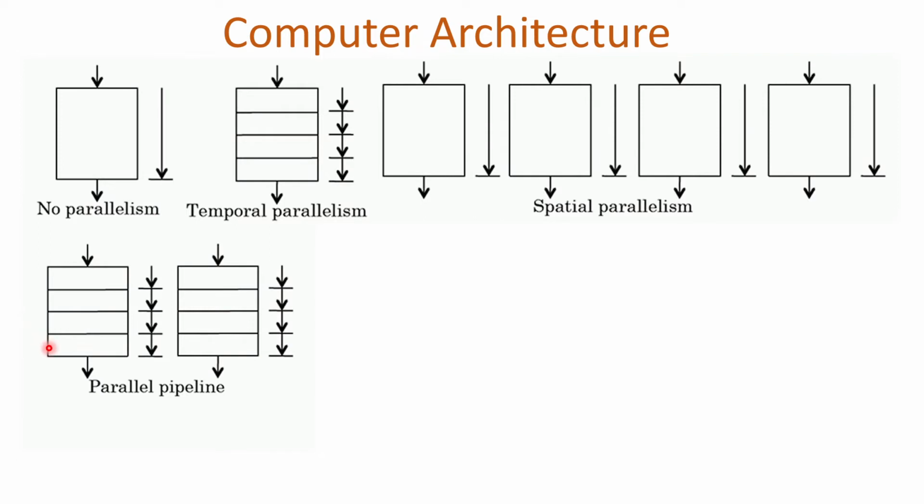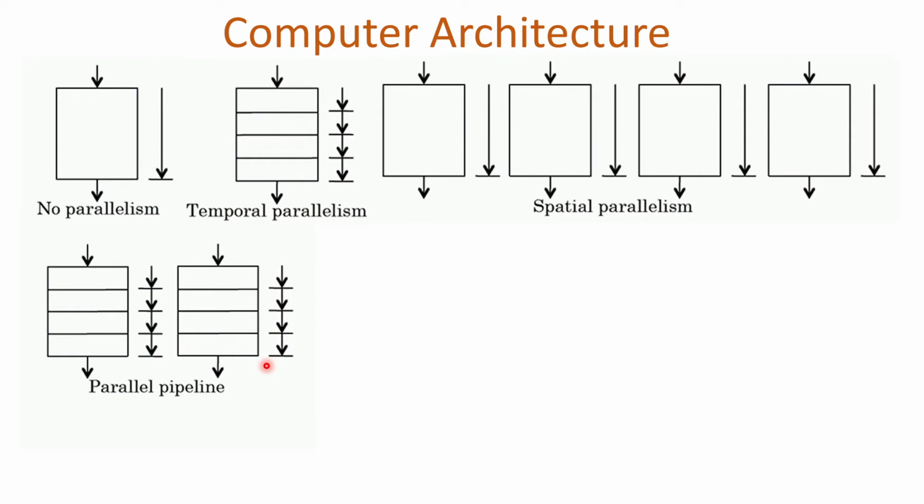From the hardware complexity point of view, definitely this is a more complex scenario, because we have replication of the same stages more than once. But with respect to processing time, we can run more programs than in normal temporal parallelism.